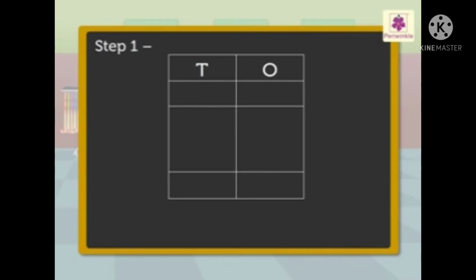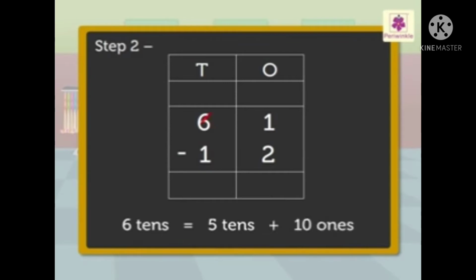Step 1. Write the numbers according to their place values. Step 2. Subtract the ones. As 1 is less than 2, we cannot subtract 2 from 1. So, we regroup the 6 tens to 5 tens plus 10 ones.